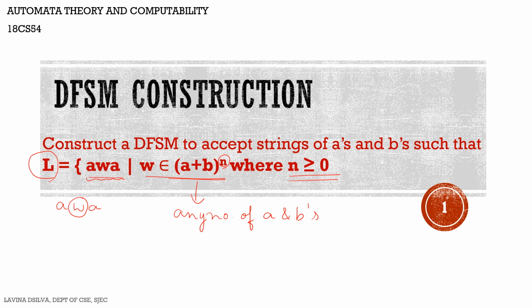So in other words, this is a language which consists of strings, all the strings which start with the A and end with the A. In between this, it can have any number of A's and B's. It can have 0 A's, it can have 0 B's, it can have 1 A or 1 B, 2 A's, 1 B, etc. Anything.